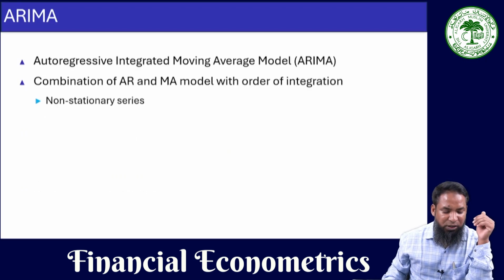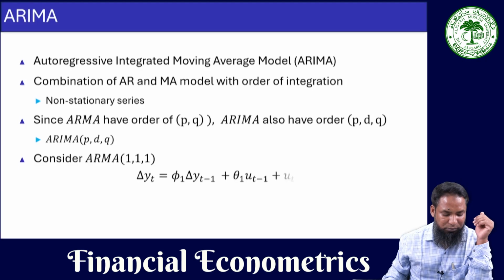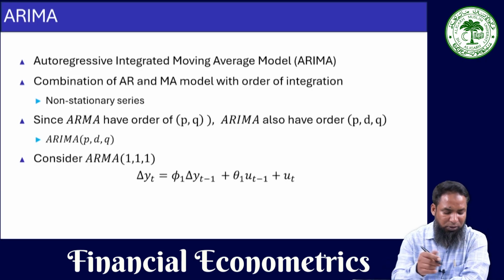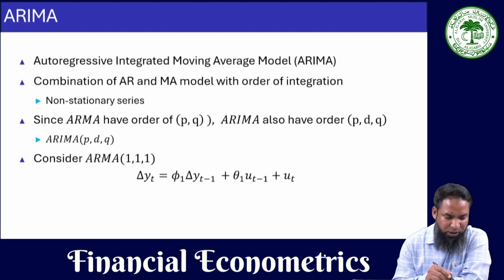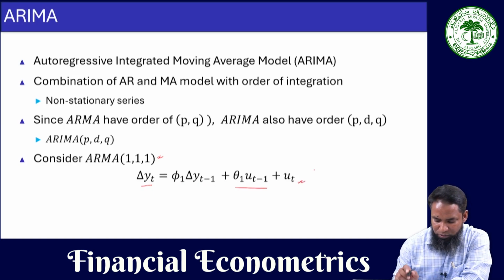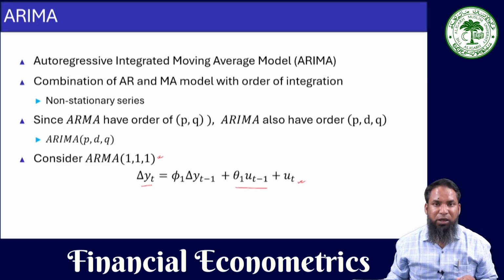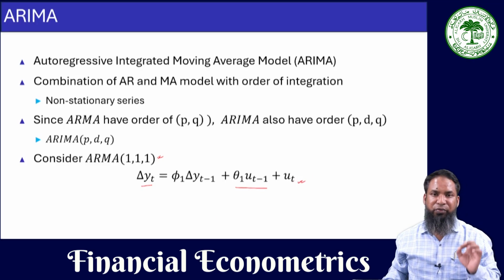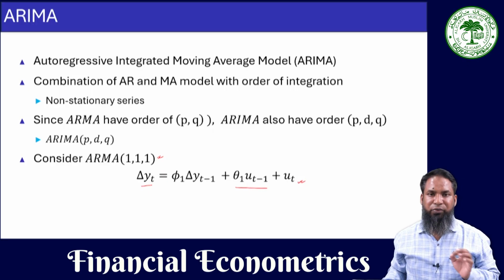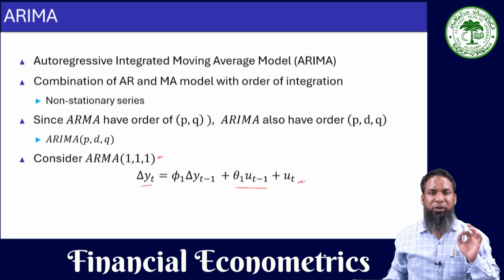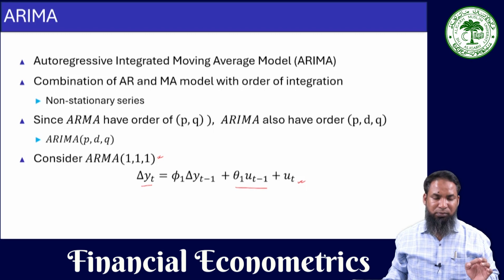So let us consider an ARIMA(1,1,1) model. Then we can write delta yt equals phi 1 delta yt minus 1 plus theta 1 ut minus 1 plus ut. This is the structural representation equation of the ARIMA(1,1,1) model, where the order of integration is 1, the order of the autoregressive part is also 1, and the order of the moving average part is also 1.